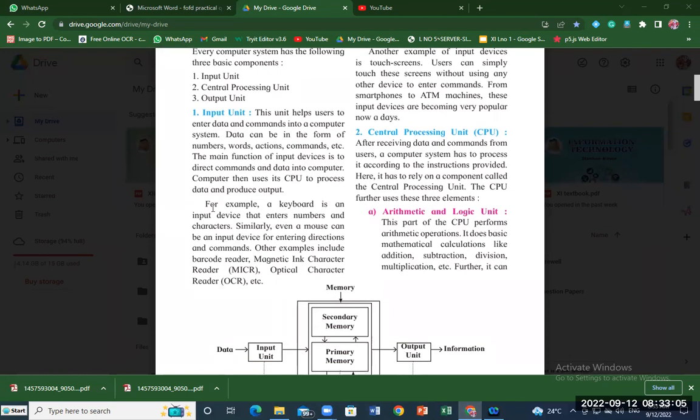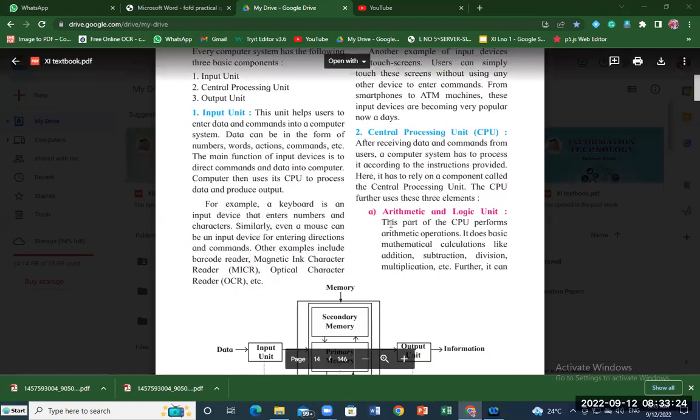Okay. For example, a keyboard is an input device that enters numbers and characters. Similarly, a mouse can be an input device for entering directions and commands. Where I want to go, I want to scroll up, I want to scroll down.